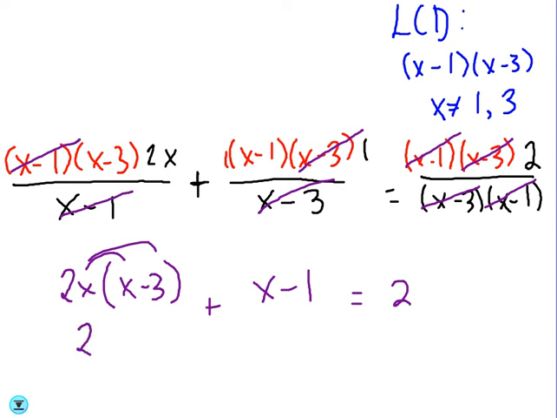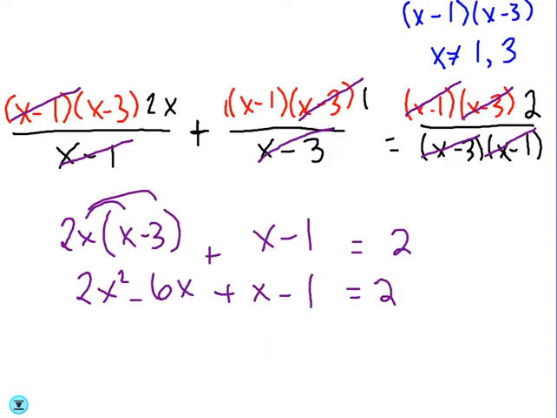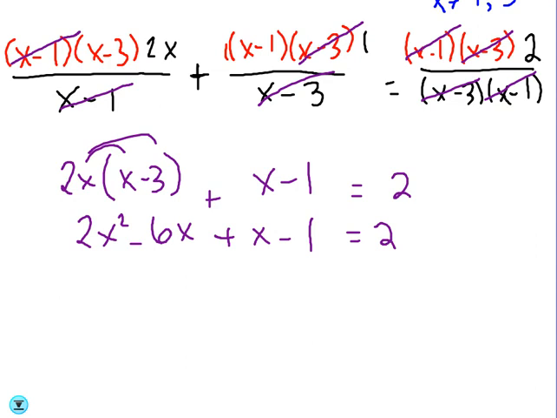Distribute out. 2x squared minus 6x plus x minus 1 is equal to 2. I have the square term here, so what that indicates to me is I'm probably going to have to factor.